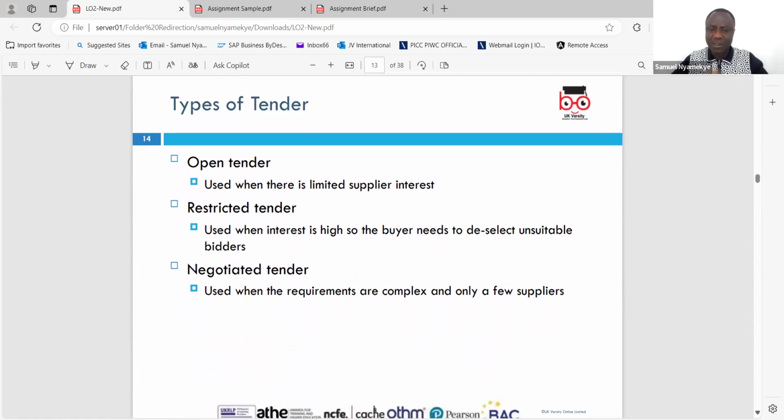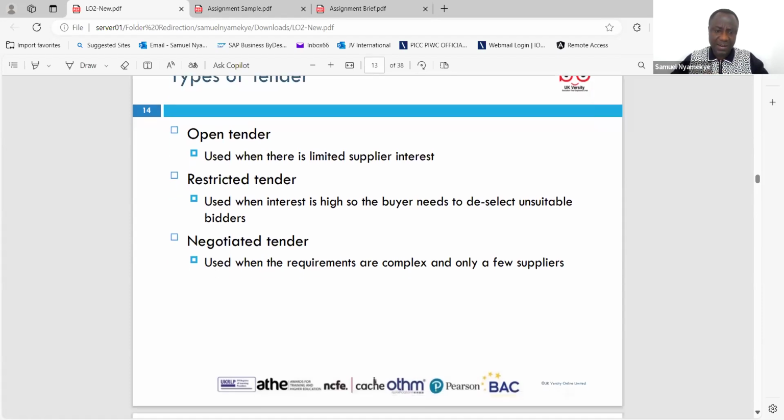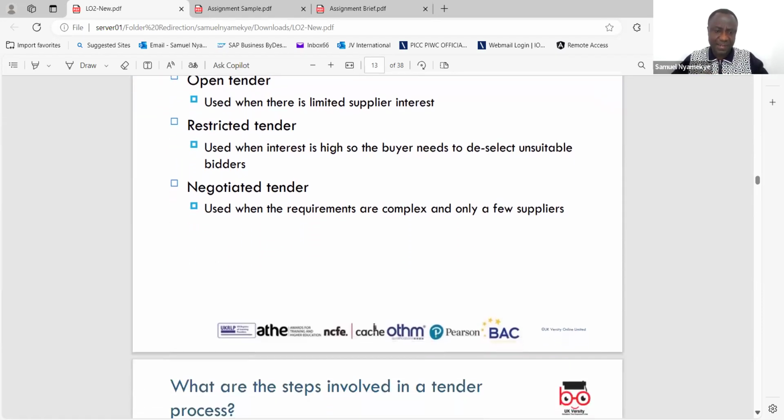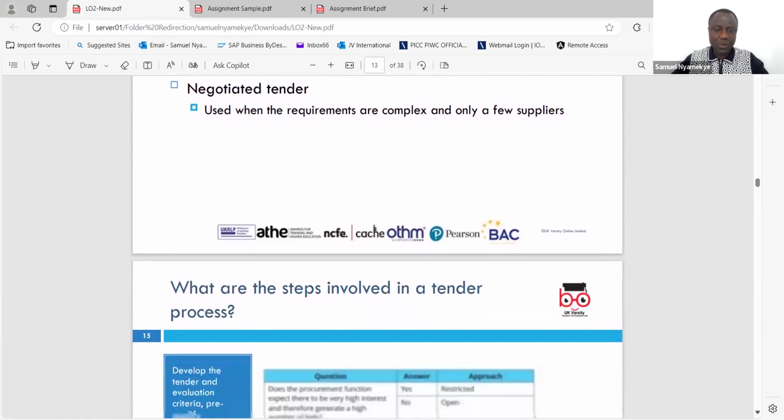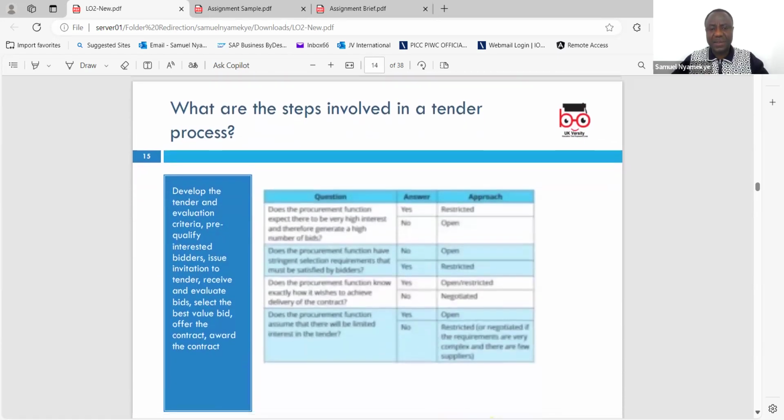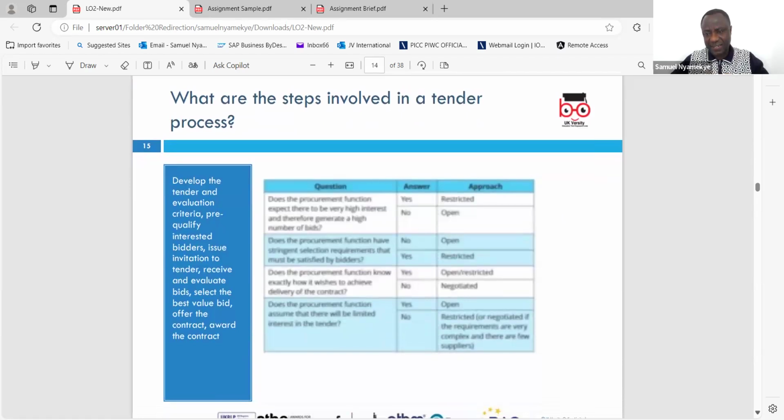Then there are also ones that are restricted, when interest is high, so the buyer needs to deselect unsuitable bidders. It's a very critical item we are dealing with, so we have to look at that. Negotiated tenders are also there. What are the steps that are involved in a tender?